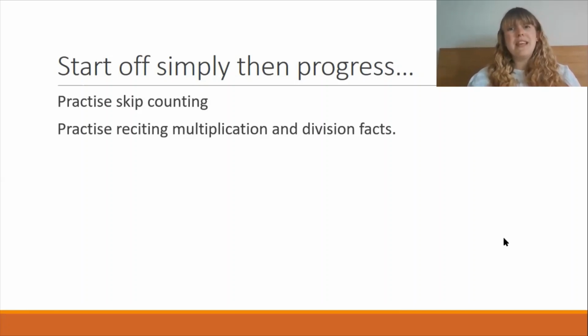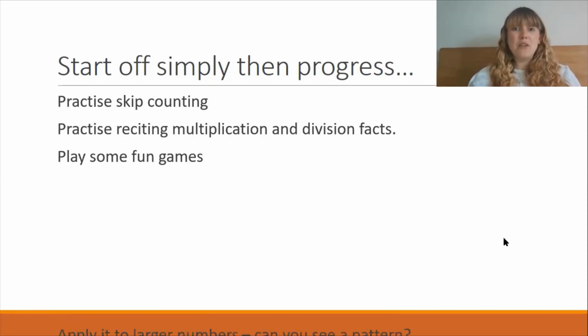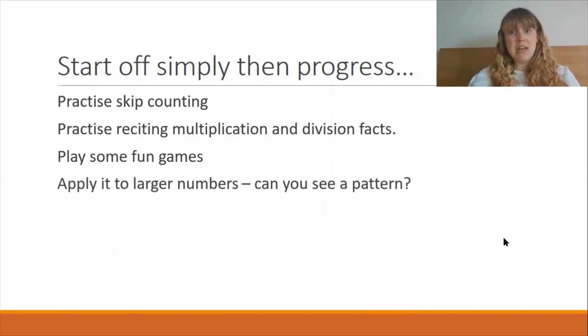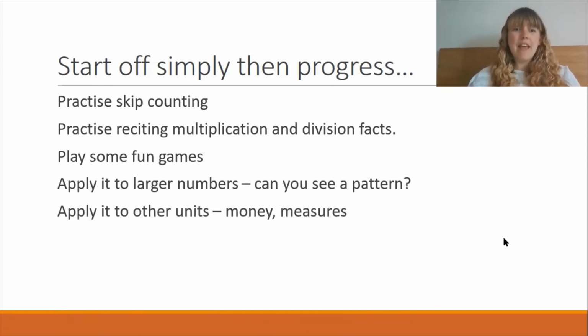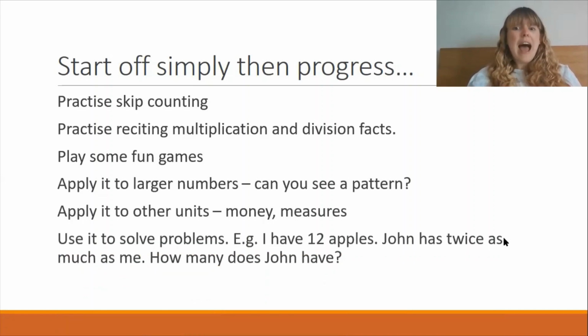I've got some useful things to help you with this later on in the video. You then absolutely need to be able to play some fun games. Once you can do these quickly and accurately, you'll be ready to progress on to applying what you know to larger numbers. Is there a pattern that you can use?